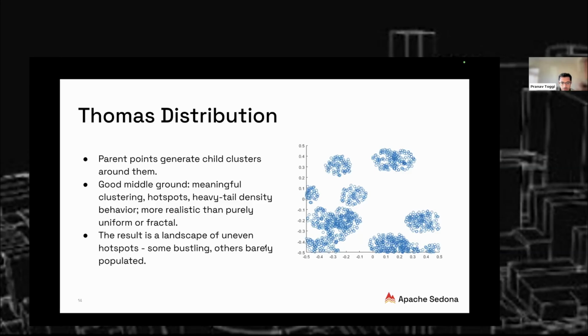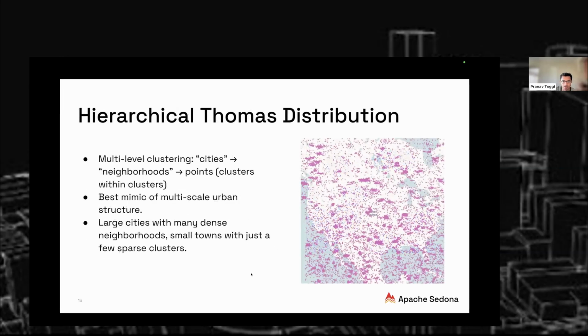The last one is the hierarchical Thomas distribution. This is just an extension of the Thomas or the Gaussian Neyman-Scott process. What this means is it's just doing a two-tiered Thomas process.